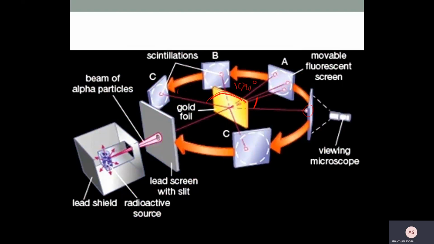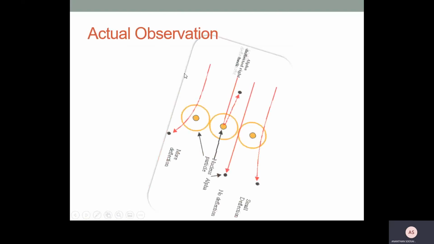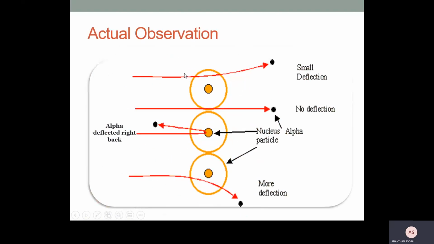How can the majority pass through? Rutherford came out with a model. The actual observation is, of course, different from what was predicted. One year they drew this diagram. They gave 3 paths earlier and asked you to draw how the particle would pass by. The first one must go upward, repelled by the nucleus.